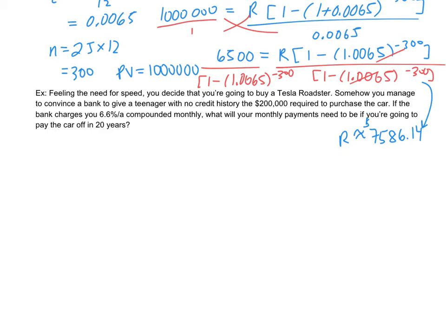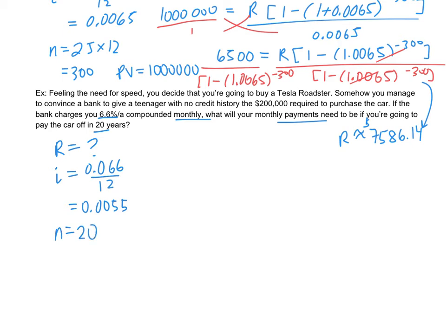So we don't know the regular withdrawals or payments. That's what we're looking for. My interest, 6.6% per annum compounded monthly. So 0.066 divided by 12, which is a nice decimal again. If it weren't, I'd keep the fraction. And then we want to pay the car off in 20 years.